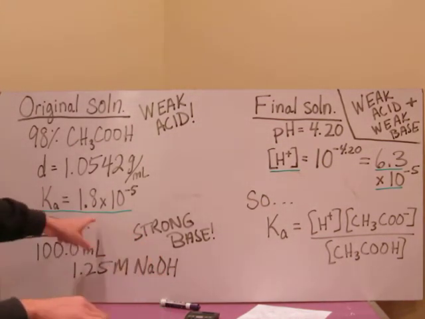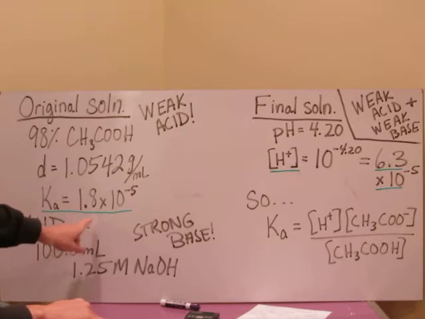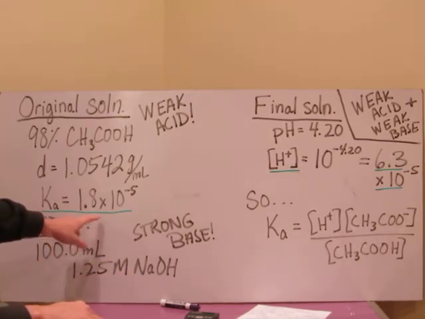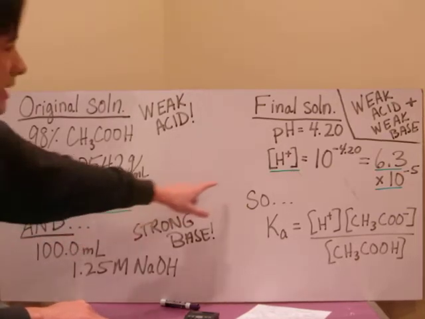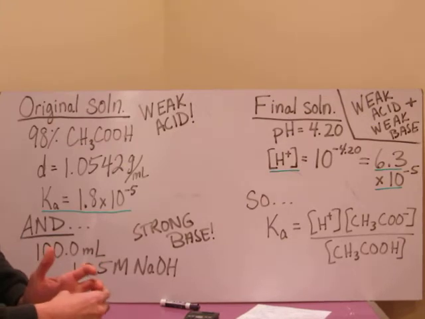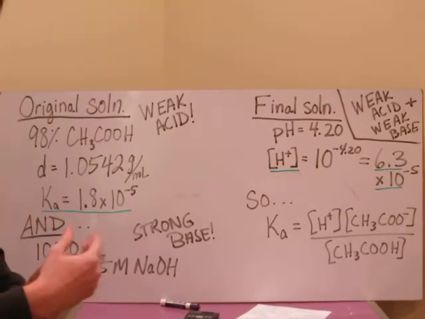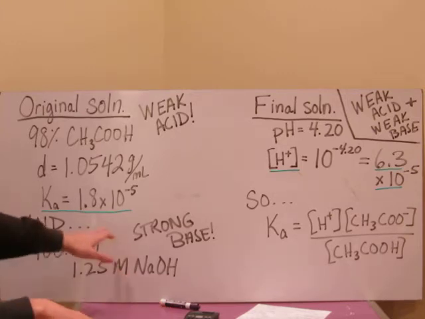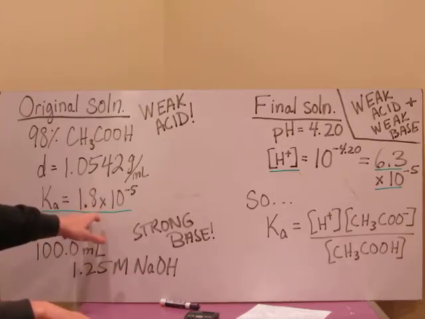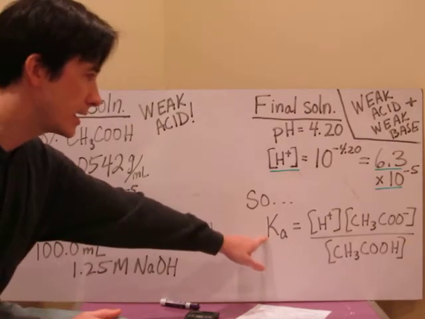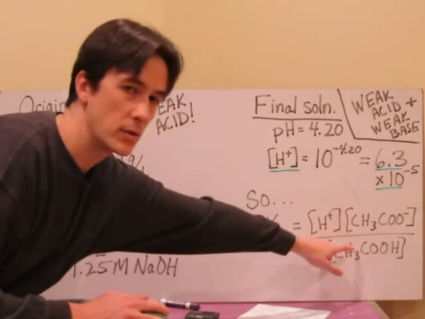One thing, if we just look at our numbers, we should know what we're actually expecting. This Ka is 1.8 times 10 to the negative fifth. The H+ concentration is 6.3 times 10 to the negative fifth. So there's actually a bit more H+ than at the Ka, right? If pH equaled pKa, then these concentrations are equal.